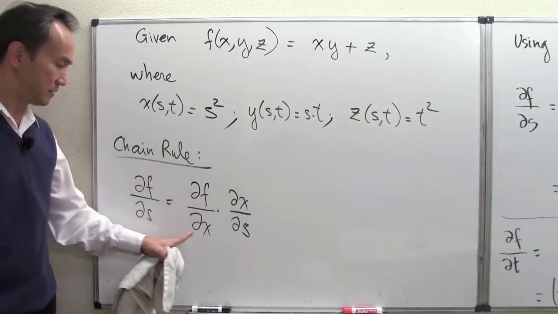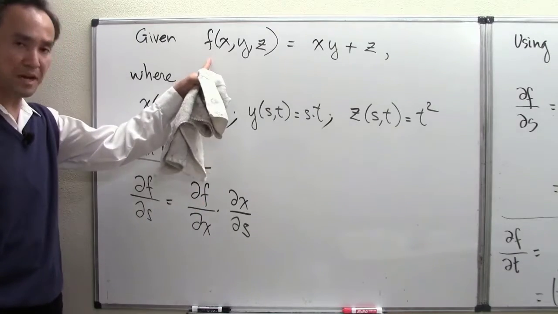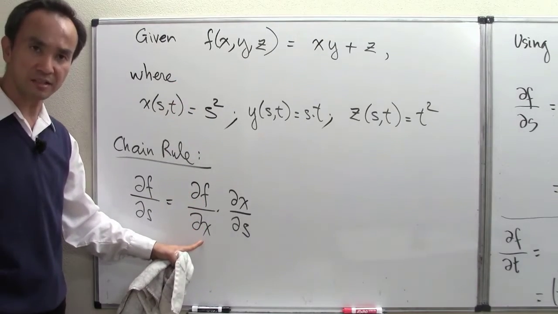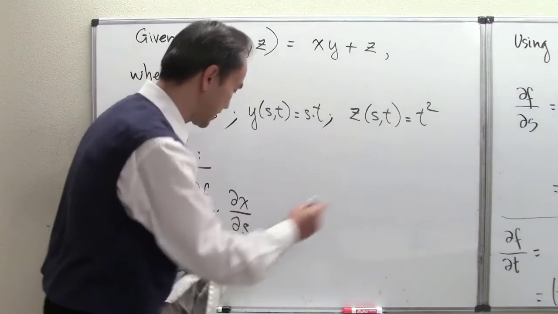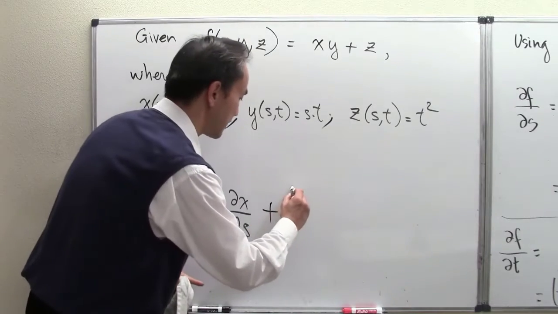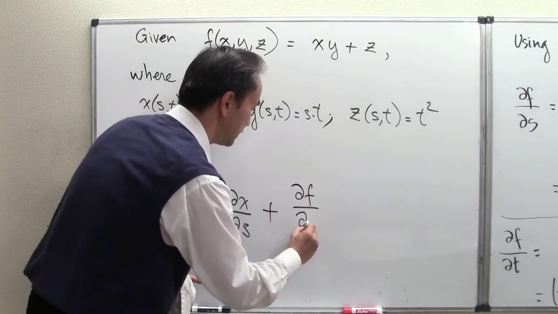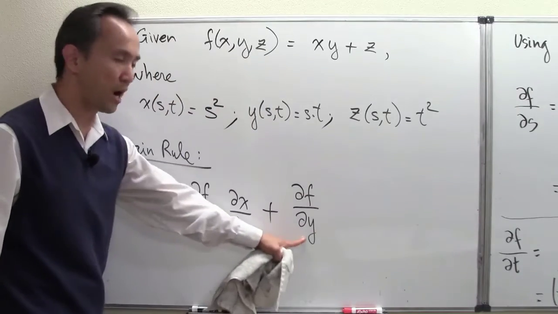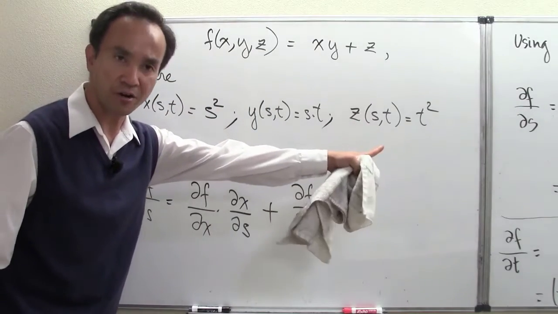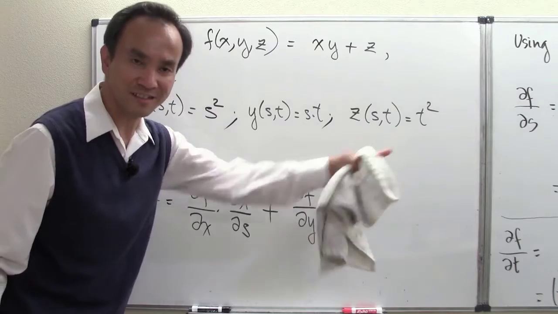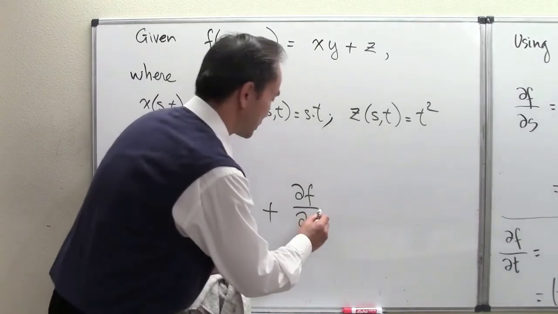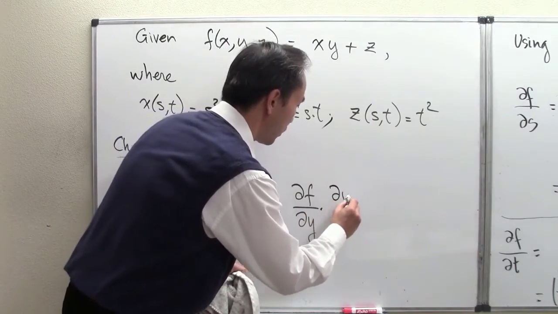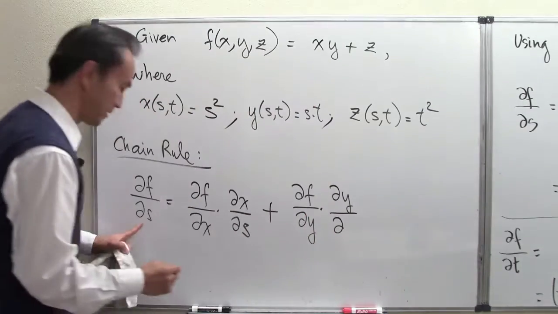and then our main function didn't only have x as the only variable, it got y and z, so that's why we added. The next term now is df/dy. Okay, so y is the second outer variable. Okay, so we multiply with dy/ds.